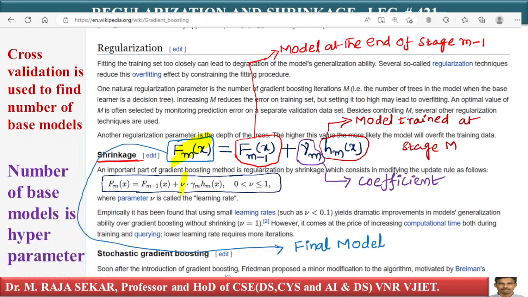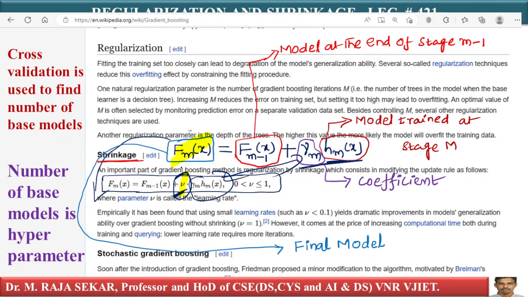You are taking the same model, and you are simply multiplying gamma m hm of x with nu, isn't it?